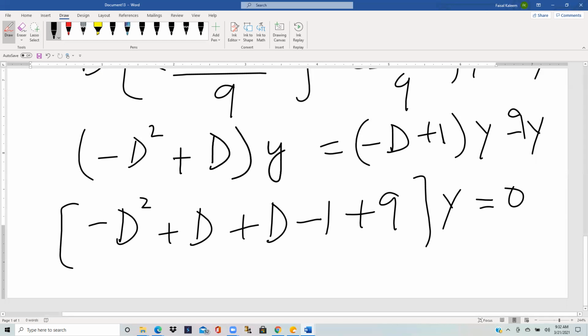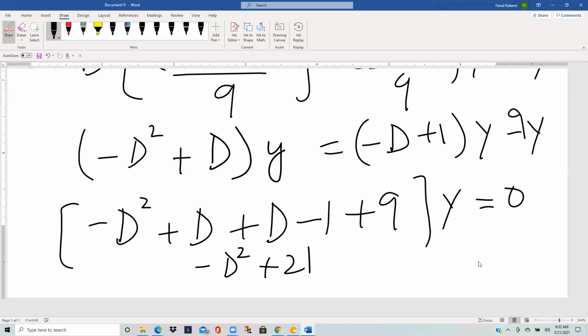And this becomes negative d squared plus 2d plus 8. And to get the leading term positive, we multiply everything with negative 1.